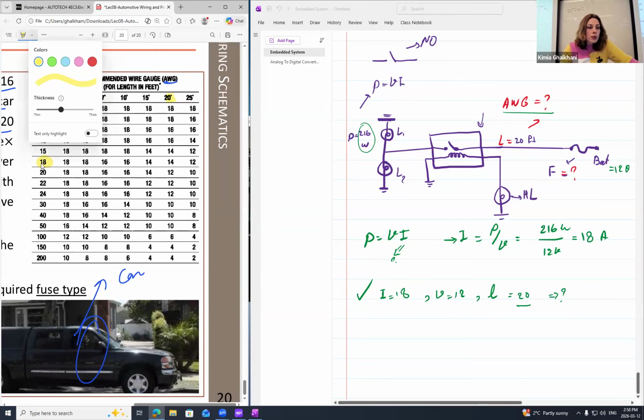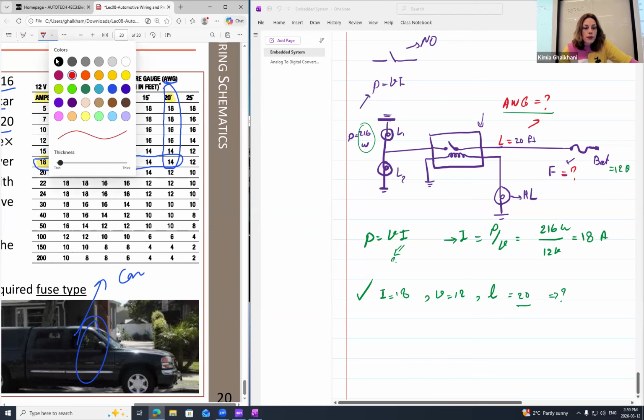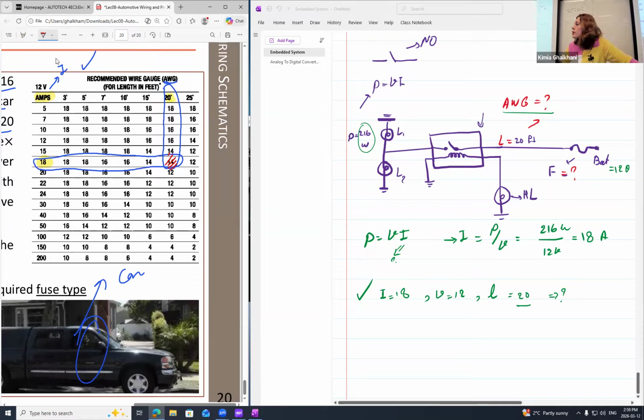Then I simply have to connect them. So if I have 20, and from here I have 18, then the intersection is going to be 40. Make sense?